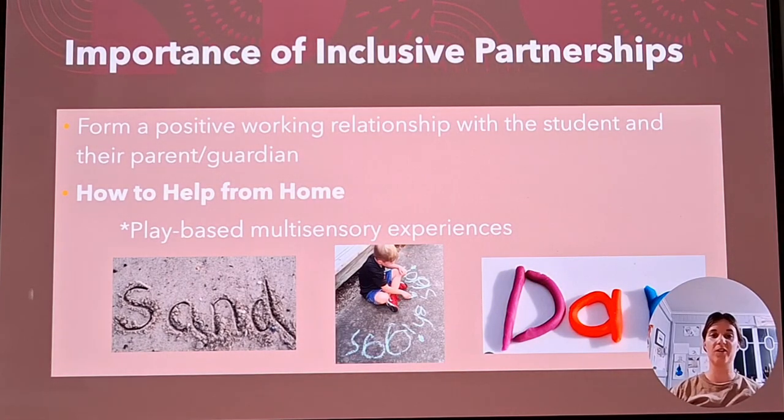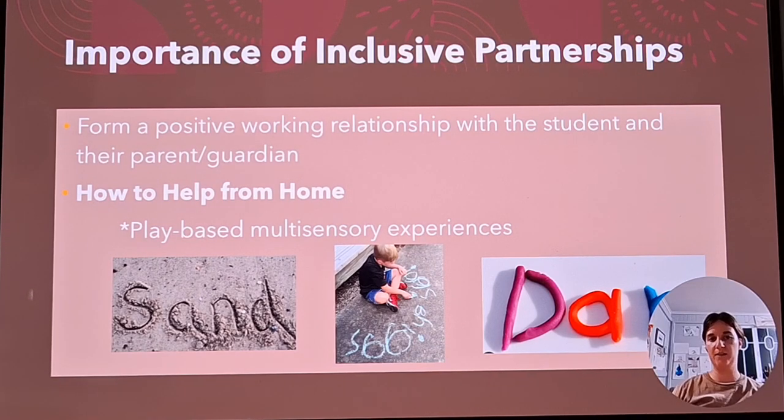It's essential not only to build a positive relationship with your students, but also with their parents or legal guardians, because parents' involvement can have a significant positive impact on a student's academic success. Some examples of ways parents can help would be doing play-based sensory writing activities at home.